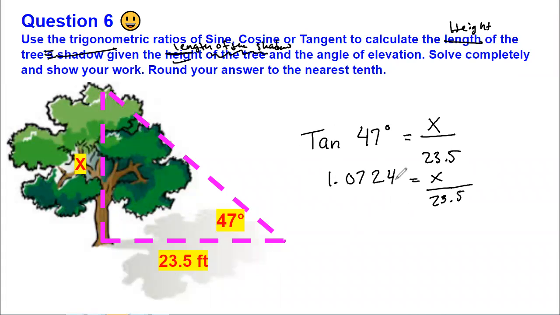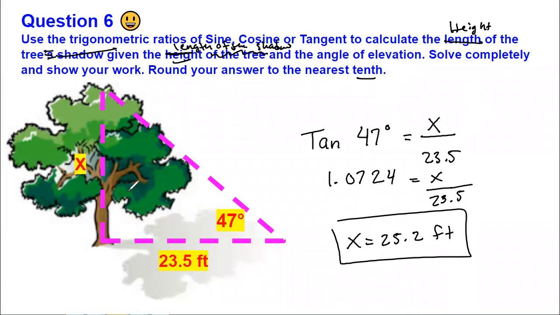We're going to cross multiply, and we get x equals, what is x equal to? 25.2 and it says round to the nearest tenth, so we keep it at 25.2 feet. So what's the height of my beautiful tree? 25.2 feet. Not too bad, huh? All right. Let me go ahead and pause.